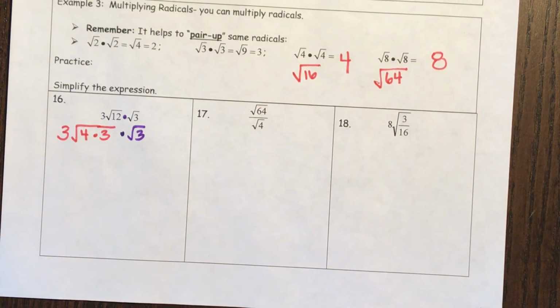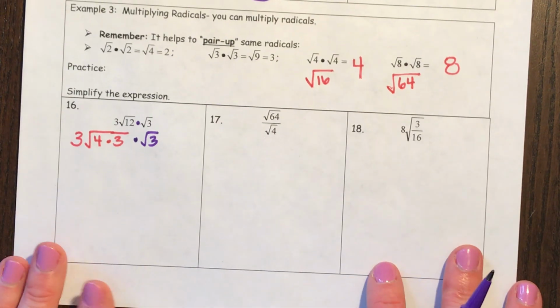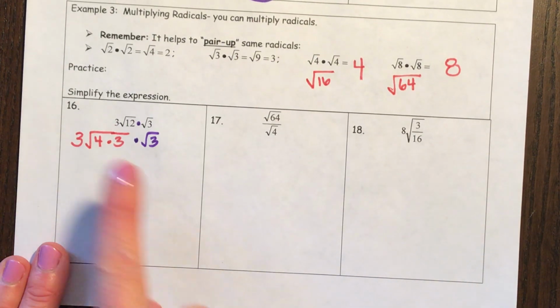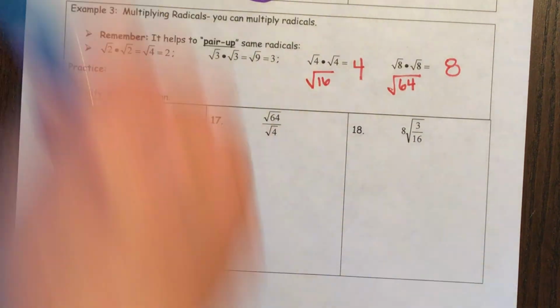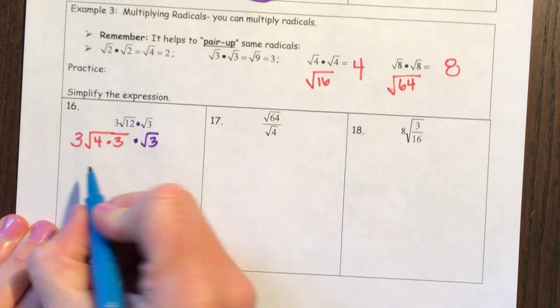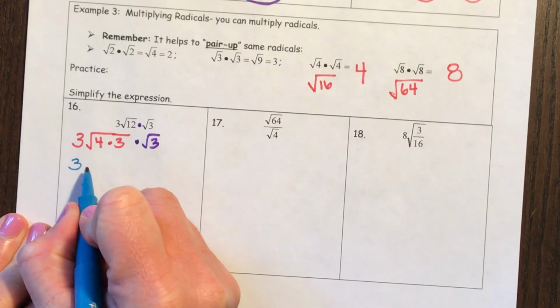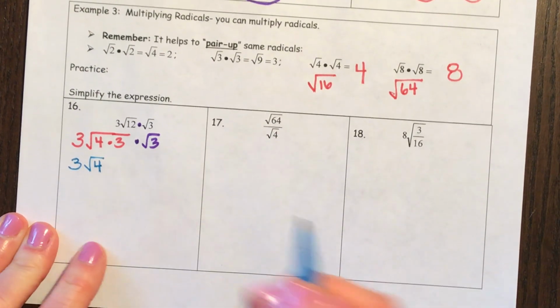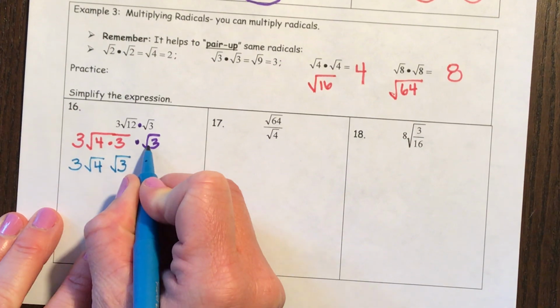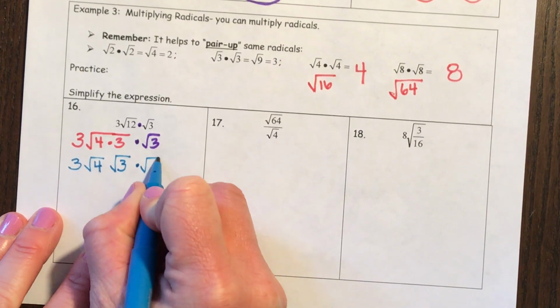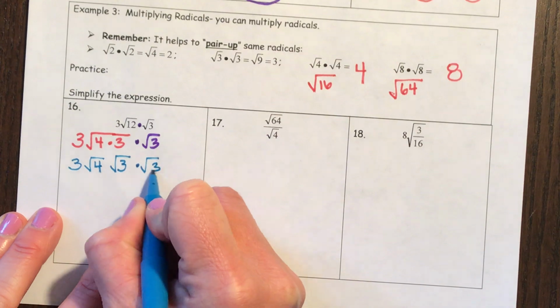Now, you can separate these, and I want to show you how I view these. I view each of these pieces as individual. So what I mean by that is I have the number 3 times the square root of 4 times the square root of 3 here times this pairing, this additional square root of 3.